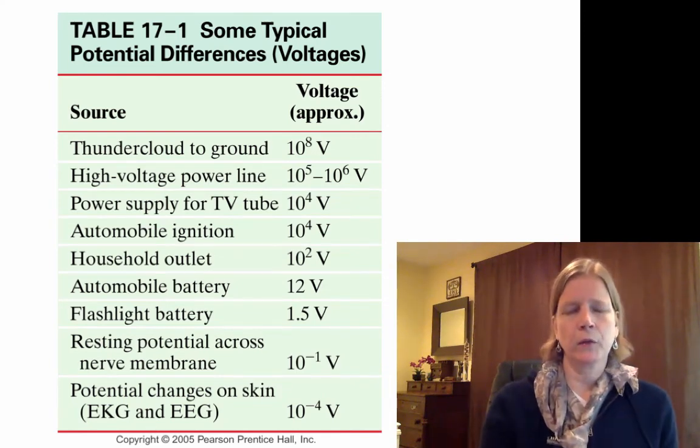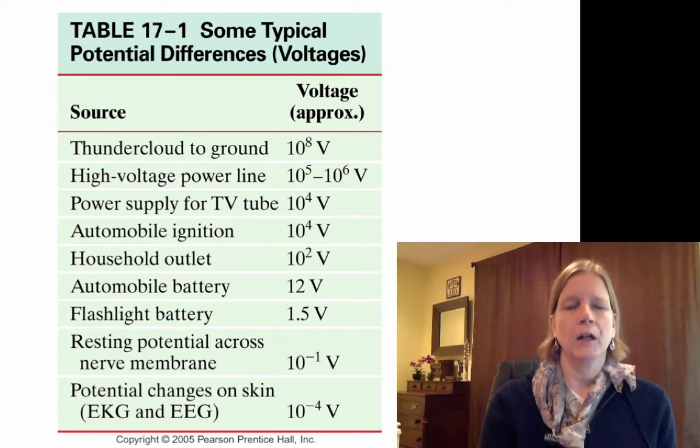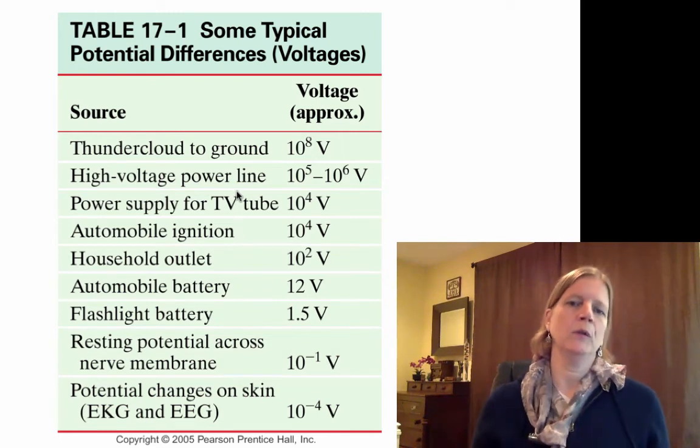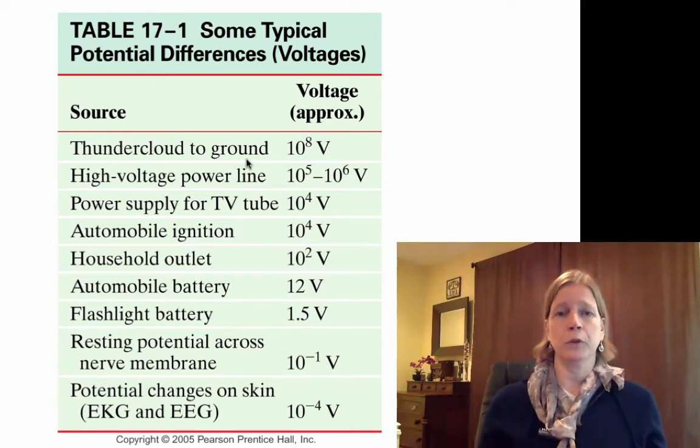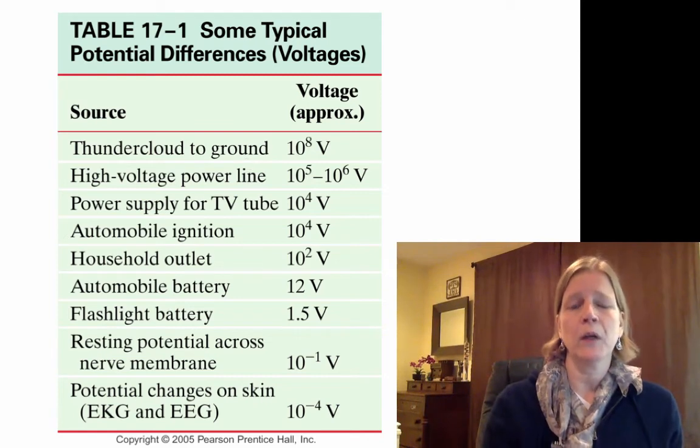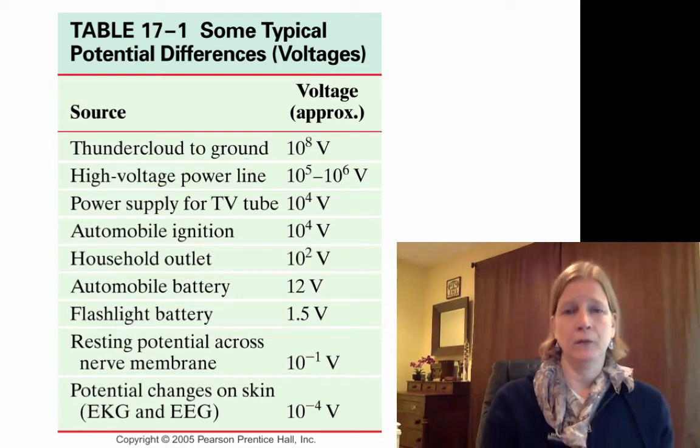All right, some other familiar voltages. A car battery is about 12 volts. A household outlet is 120 volts, or about 100 volts. This is order of magnitude. And we can move up to things with higher potential, all the way up to the potential that a lightning bolt bridges when it goes from cloud to ground, which is about 10 to the 8 volts.